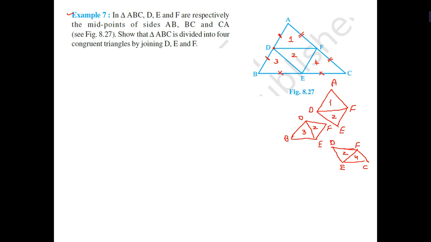So a parallelogram divides into two equal triangles. So we can say that four congruent triangles are generated.